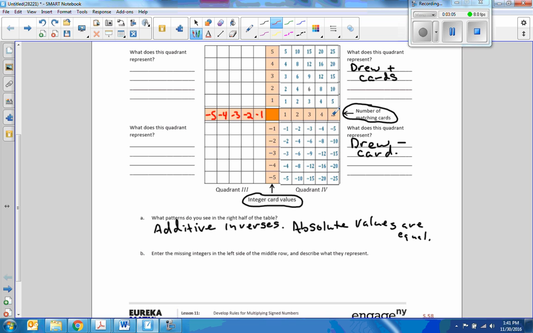So if this means drawing cards, then this must mean discarding cards. So I suppose that'd be the number of discarded cards.